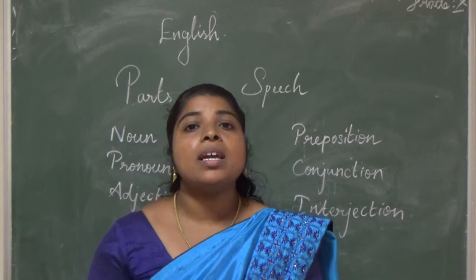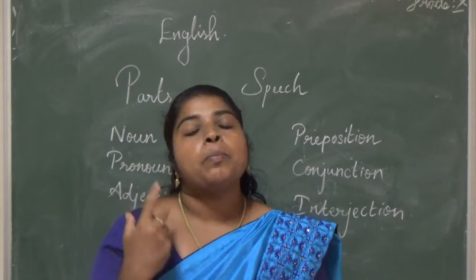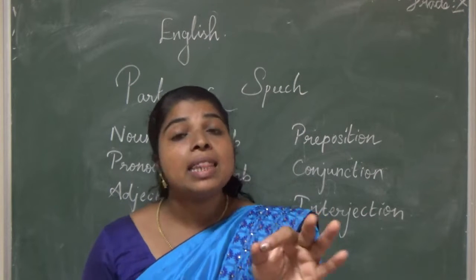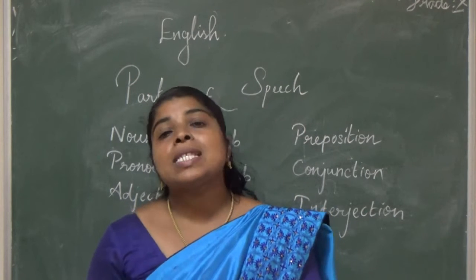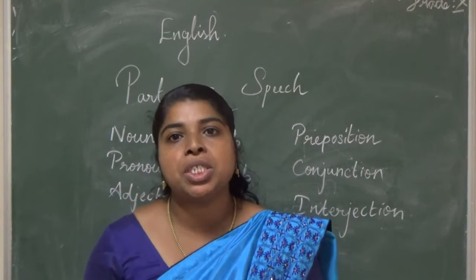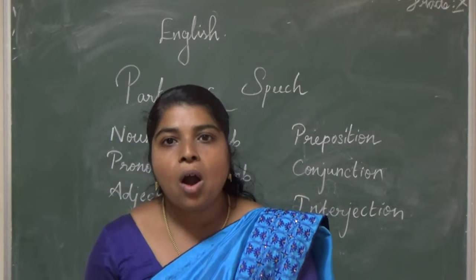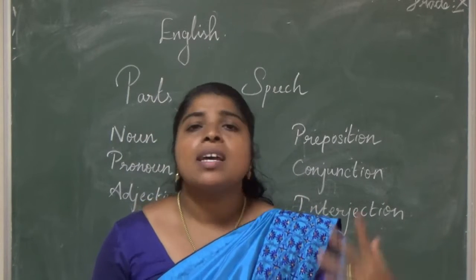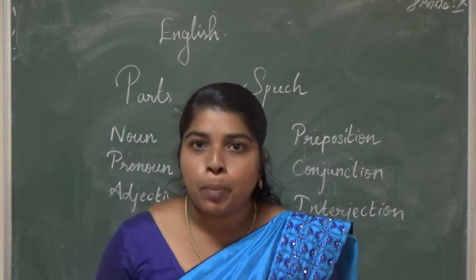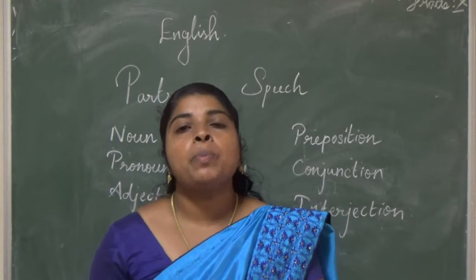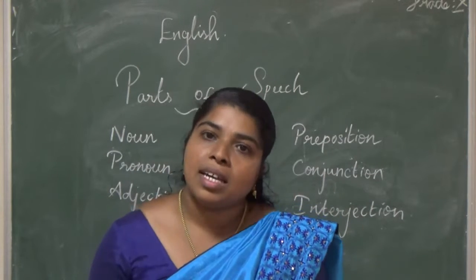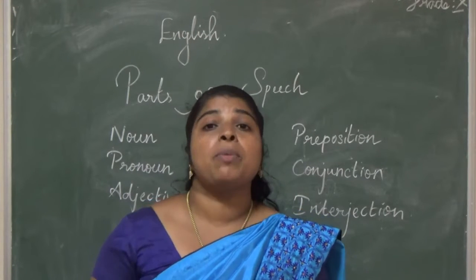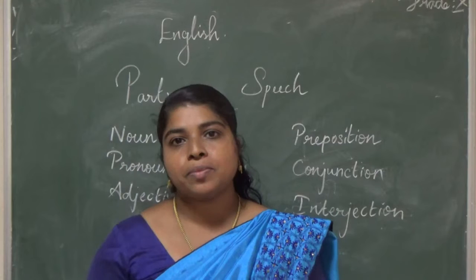So here, which word is the preposition, can you find it out? In. Where is he playing? In the garden. So can you say some examples for preposition? In, on, under, behind, beneath, across, it will go on like that. Ram is playing in the garden. In is the preposition. Got it, children? It is usually placed before a noun.